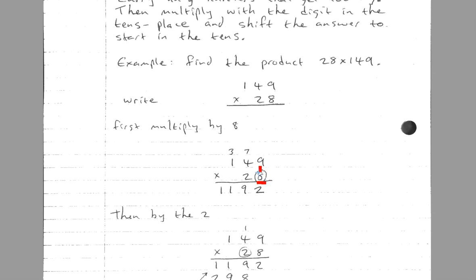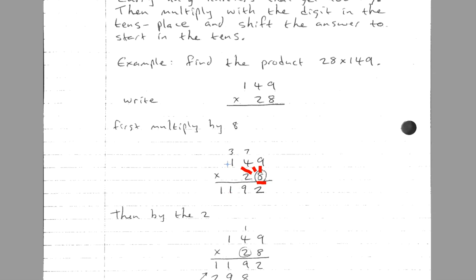Next we do 8 times the 4, so 8 times 4 is 32, plus the 7 is 39. Write down the 9, carry the 3. And then it's 8 times 1, so 8 times 1 is 8, plus the 3 is 11.